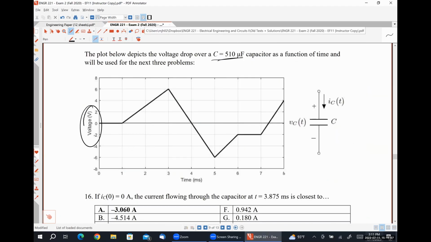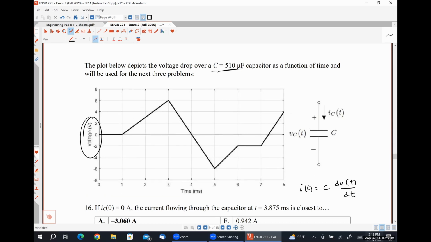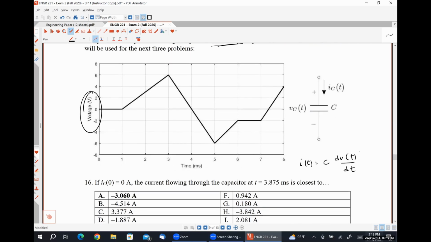So just going to write up here, I is equal to C dV by dt. Well, C is given to us. dV by dt is just the slope. So we're looking for the current at t equals 3.875.